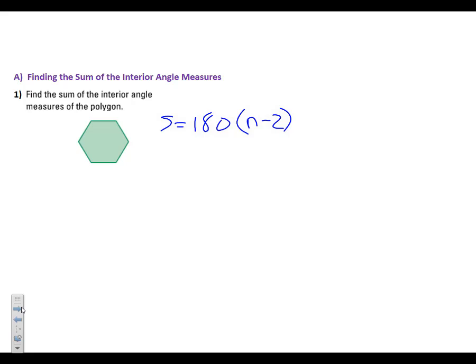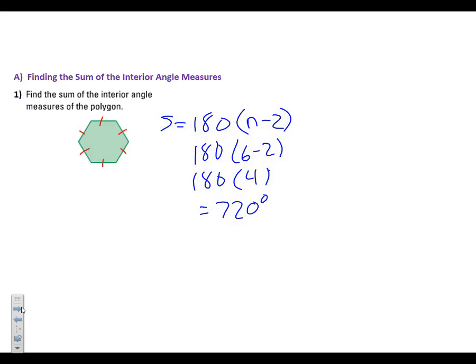I always mark them as I'm counting, because otherwise I might count one more than once. So 1, 2, 3, 4, 5, 6. Okay, so now I can rewrite this as 180 times 6 minus 2. That's 180 times 4, and that is equal to 720 degrees.